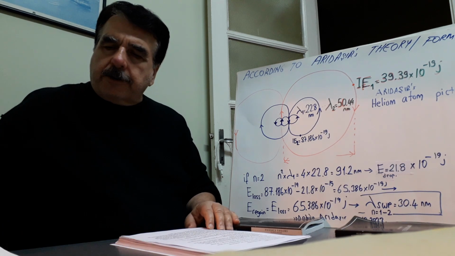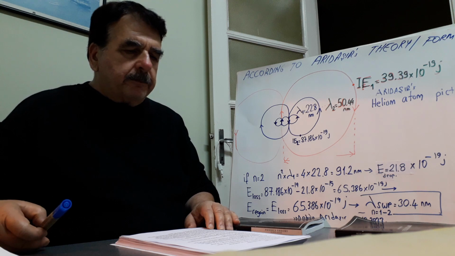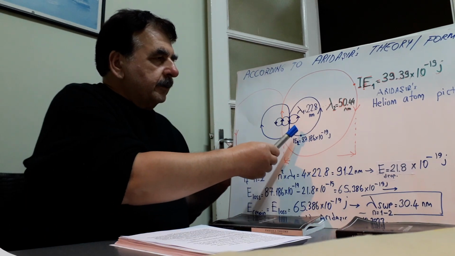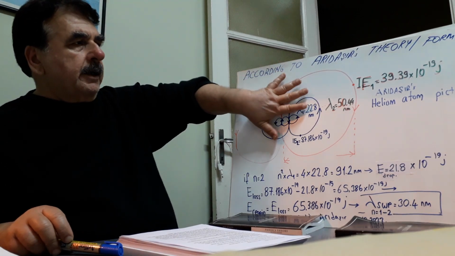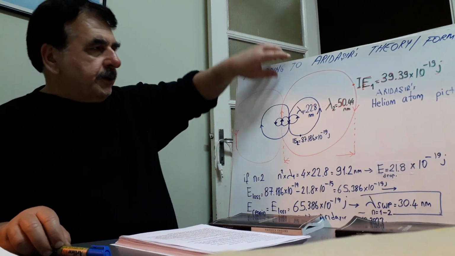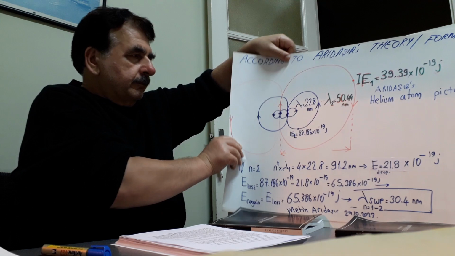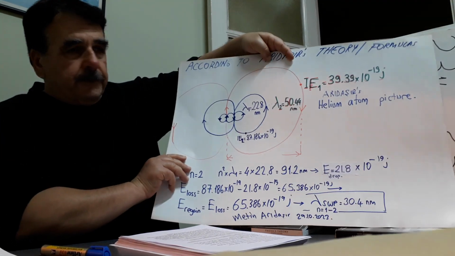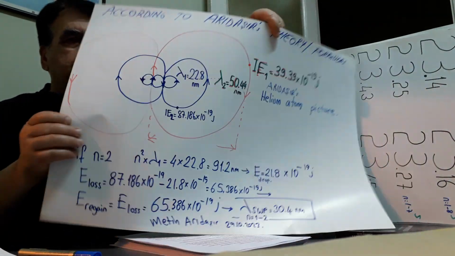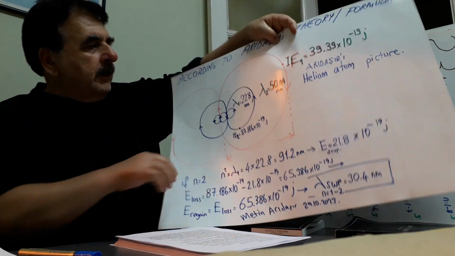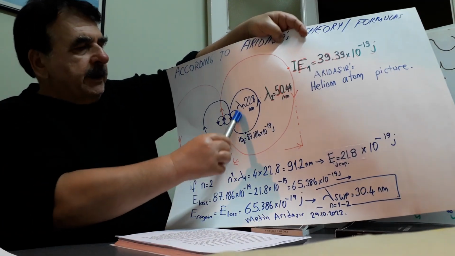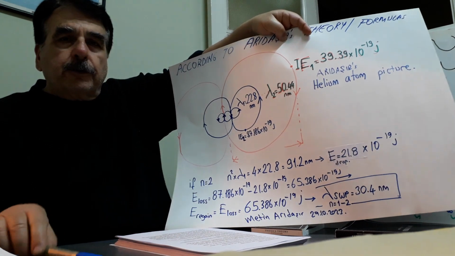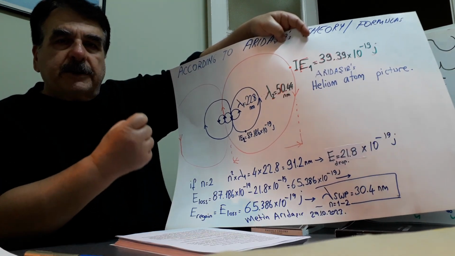First, the ionization energy of helium. This is my helium atom picture. Left side one proton, right side another proton. Two protons connected with themselves.